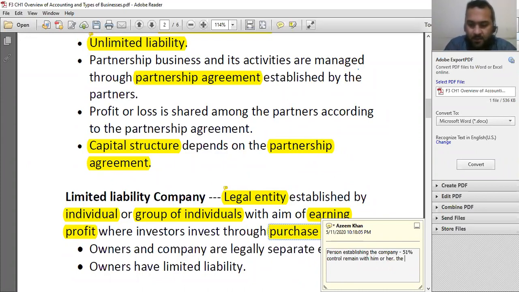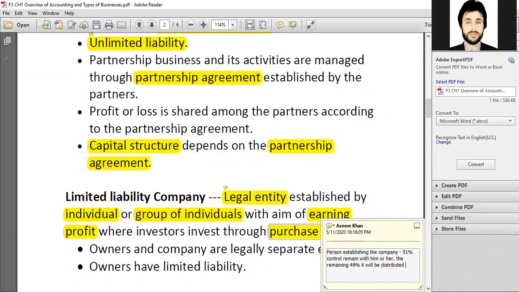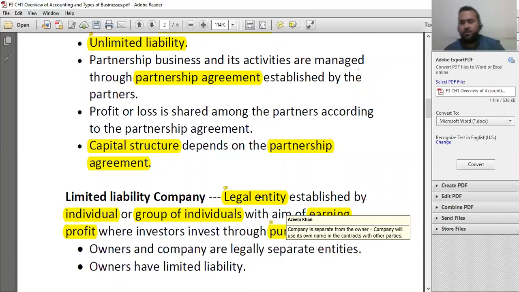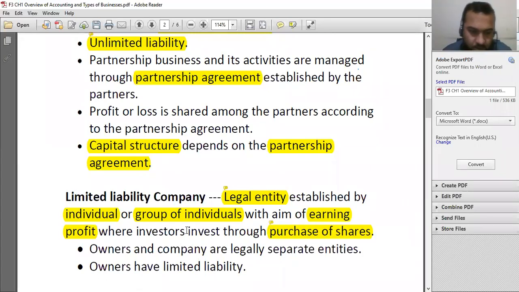The remaining 49% of the shares will be distributed to other investors, the other shareholders. Clear or not? So a company is a legal entity, meaning the company is separate from the owner.